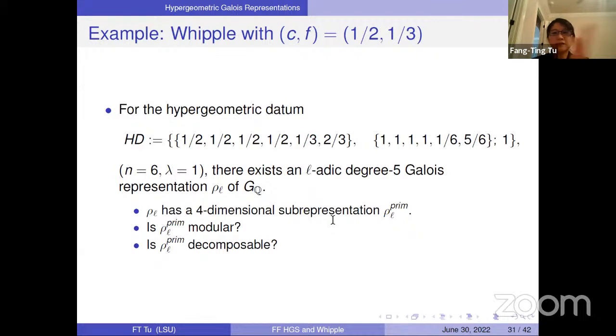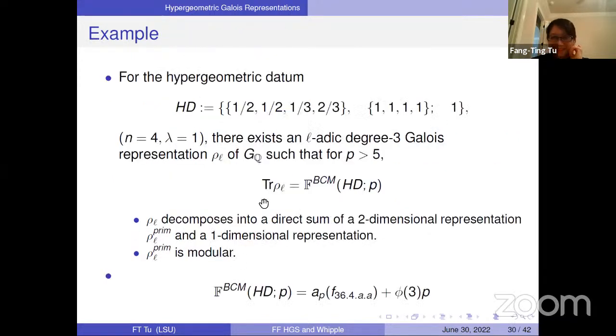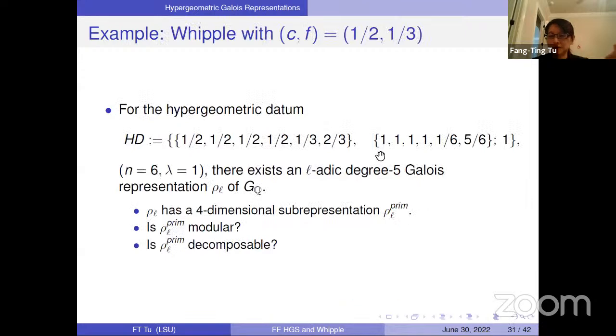So now the question here is whether we can relate this prime part to the prime part for the 4F3 function, as expected in the classical Whipple formula. And we also want to know whether it is modular as expected.